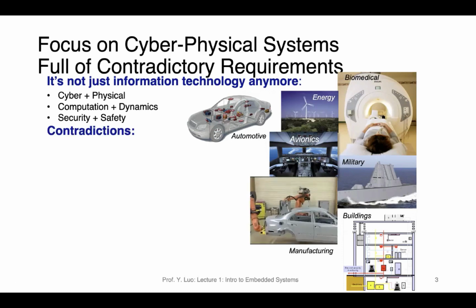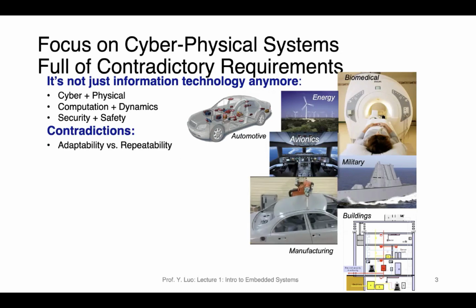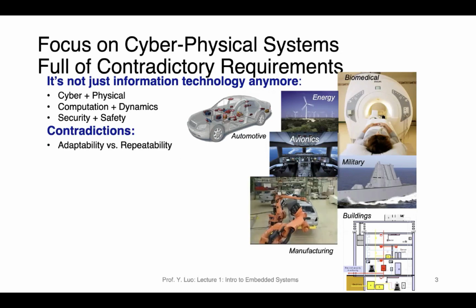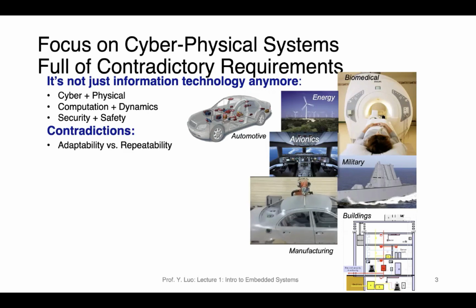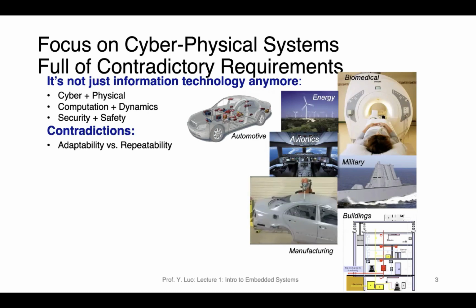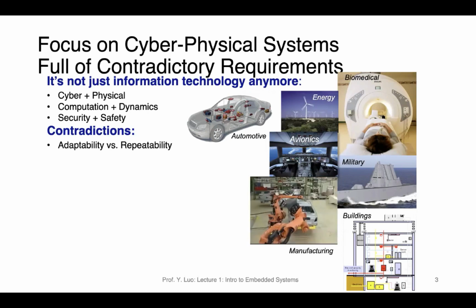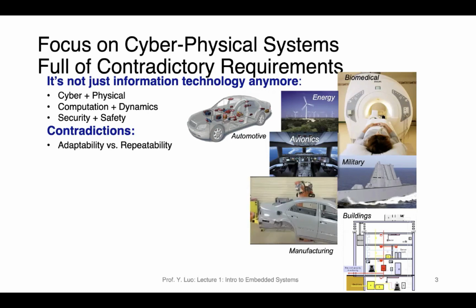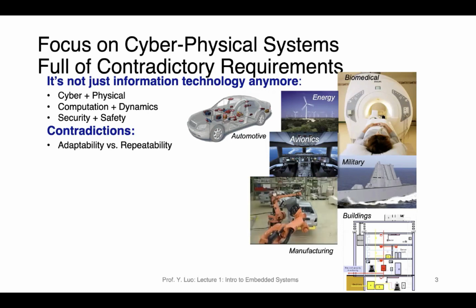There are contradictions in the design of such systems. There's often adaptability versus repeatability. We would like a system to be able to repeat. For example, we want to build this car using the same procedure, so these robotic arms will perform the same procedures and sequences for car 1, car 2, and car 100.